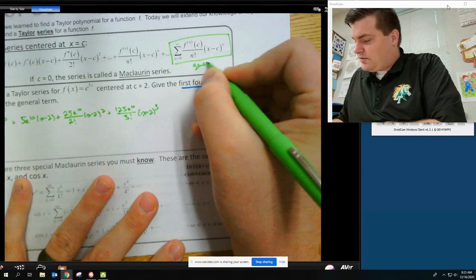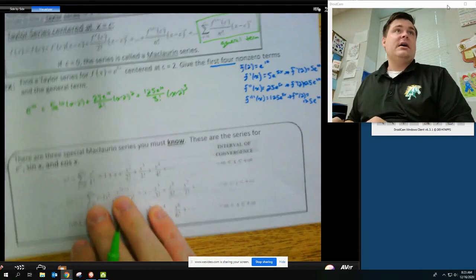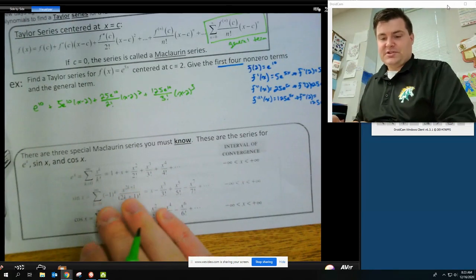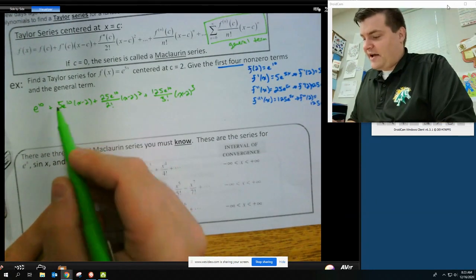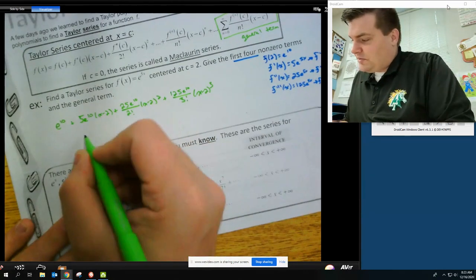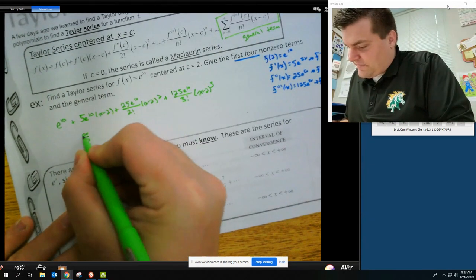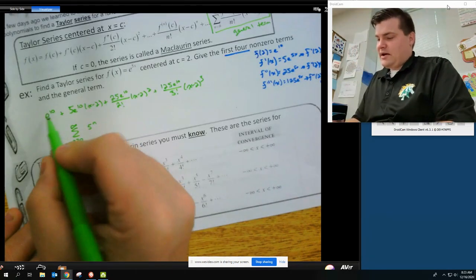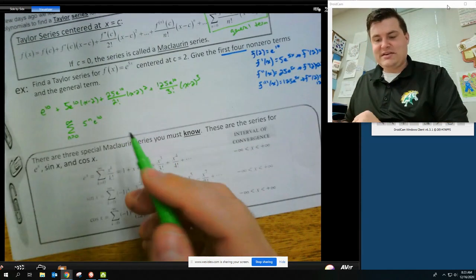This is the general term. So we're going to figure out what is going on for all of these. For our general term here, it keeps going up. The 5 keeps increasing. So we're going to have 5, then 25, then 125. And we're starting at 0, by the way. So we're going to have 5 to the n. That's going to cover my coefficients here. e to the 10, because that's not changing.